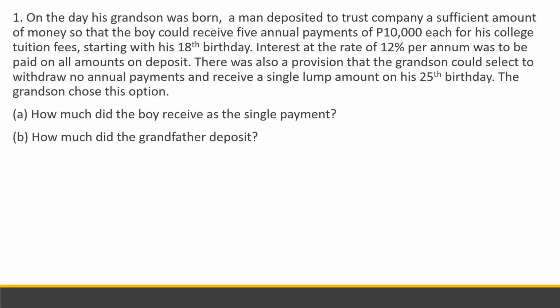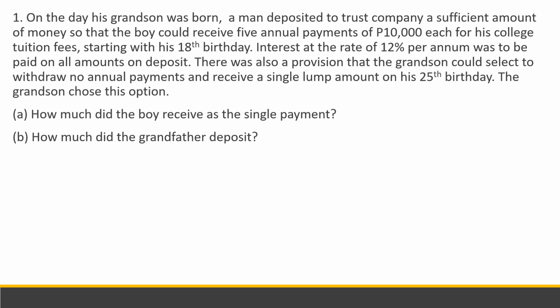Interest rate of 12% per annum was to be paid on all amounts on deposit. There was also a provision that the grandson could select to withdraw no annual payments and receive a single lump sum amount on his 25th birthday. So the grandson chose this option.